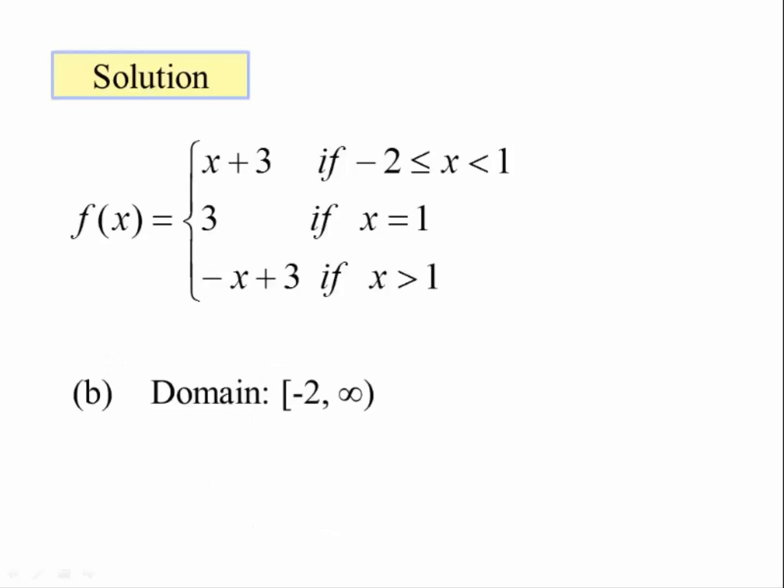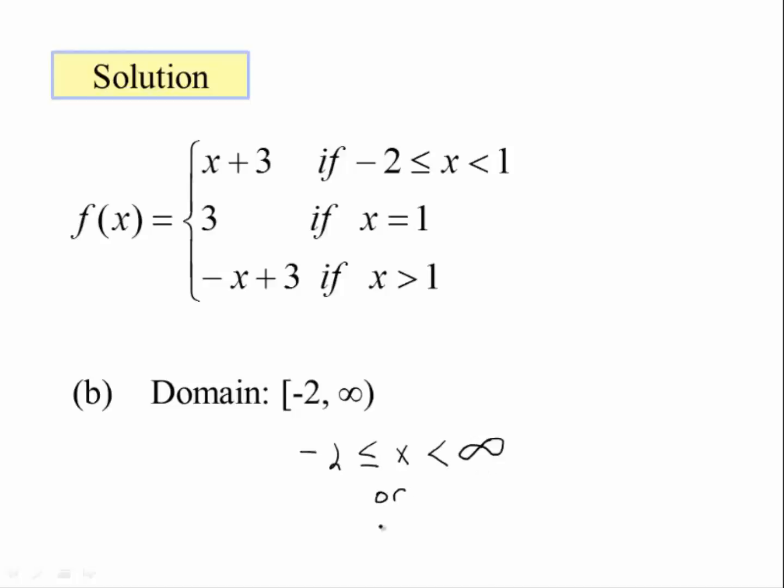Part B, we can see from how this function is defined, x can equal -2 and x is greater than 1. So in interval notation we have bracket -2 to positive infinity. If we were to write this using inequalities, we say it can equal -2 all the way up to infinity.